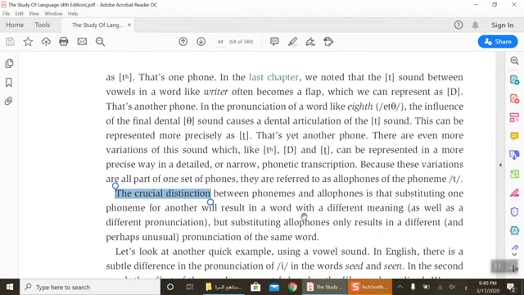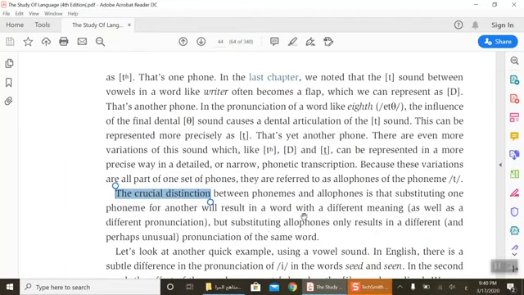We have another example about vowel sounds. We have nasalization. You can read what nasalization is and how some sounds are nasalized.